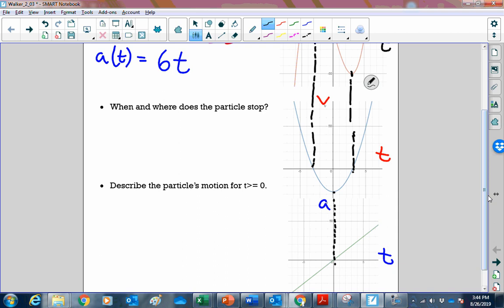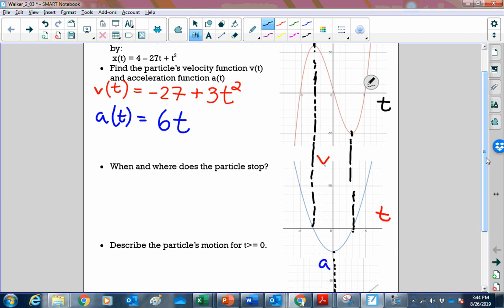It's just asking when and where does the particle stop? Well, first let's solve for when does the particle stop. In other words, I'm looking for a time when the velocity is equal to 0 meters per second, okay? So let's solve for that.